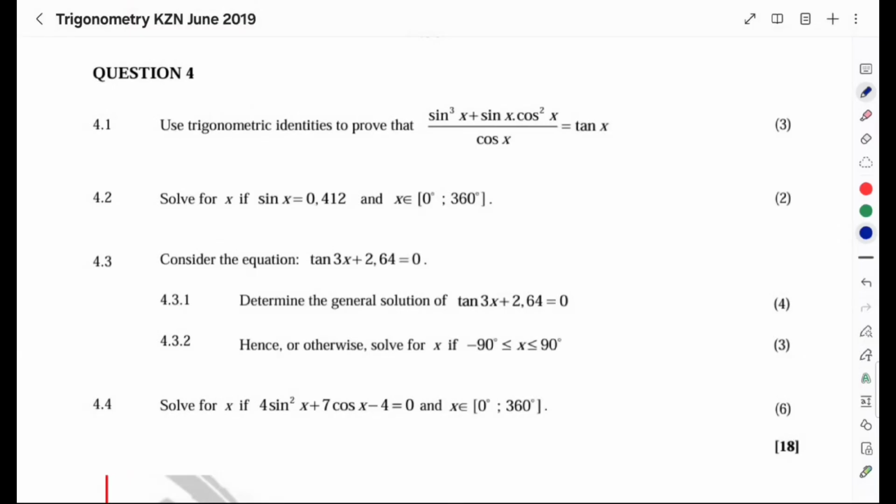If sine x is equal to 0.412 and x is an element from 0 to 360, so we need to solve for x. Please take note that sine x is equal to something positive, which means our answers are going to be in the two quadrants in which sine is positive in.